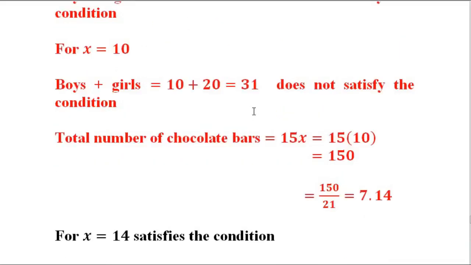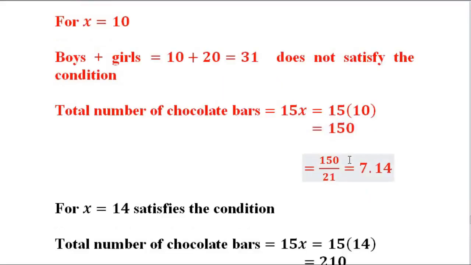If each boy brings 15 chocolate bars, the total number of chocolate bars becomes 150. But we can't share 150 chocolates equally among the 20 girls and their teacher. If you try to share 150 chocolate bars equally among the 21 people, then each person will get 7.14 bars of chocolate. So don't attempt this. This goes against the premise of the question.